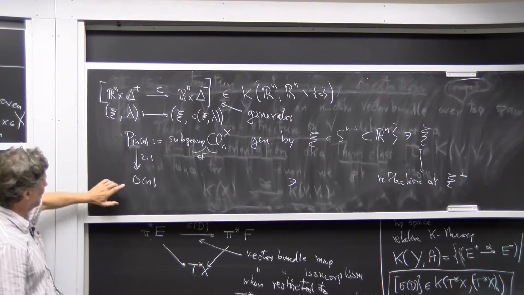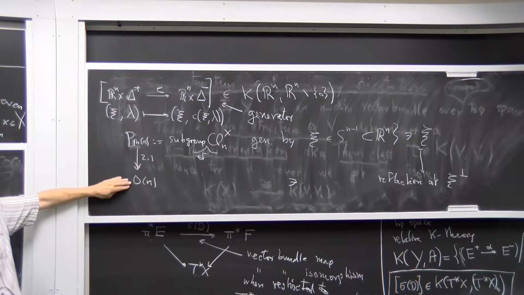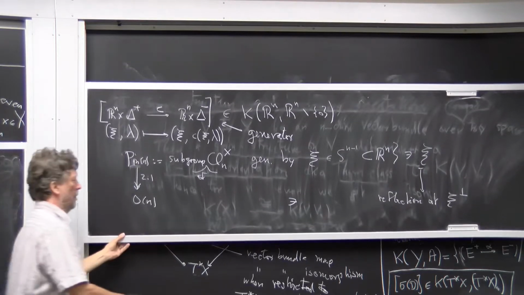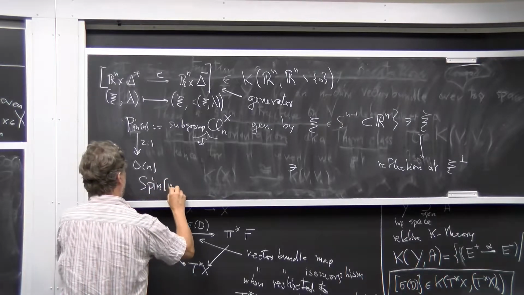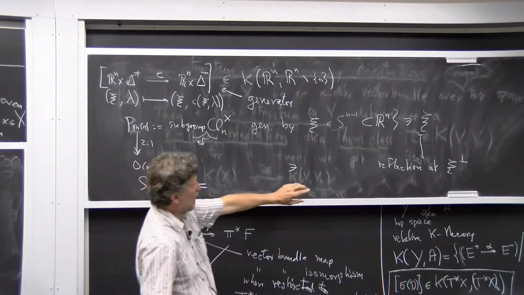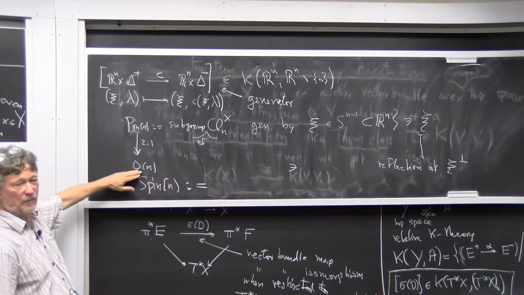Well, if you have a double covering of O(n), then you get a double covering of SO(n) by restricting to the part that's sitting over SO(n). So you define Spin(n) to be that appropriate part. Now, how do you recognize whether you get an orientation preserving isometry?